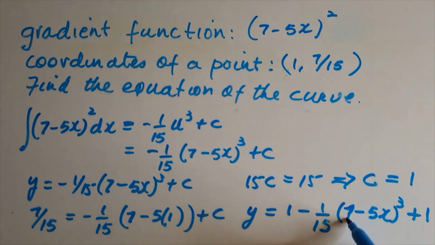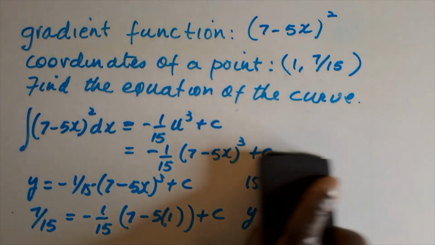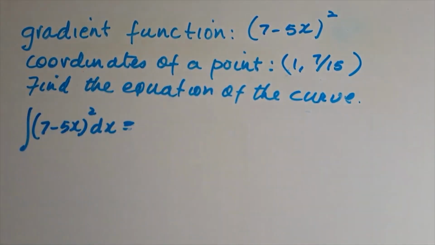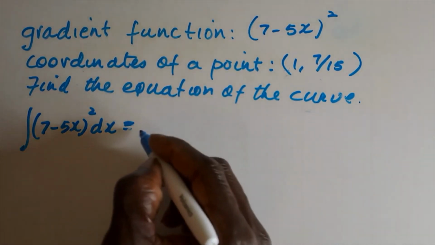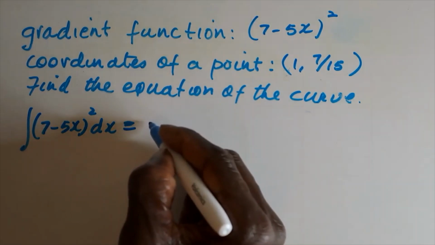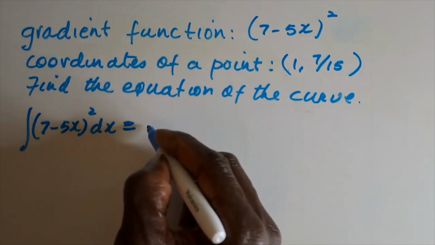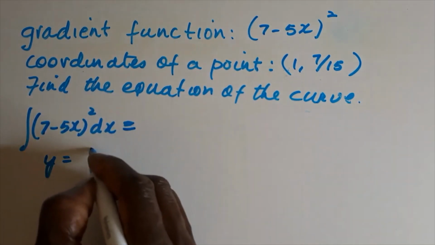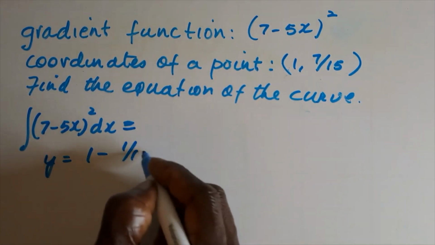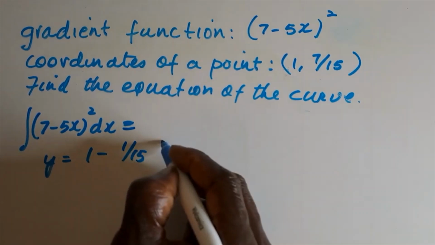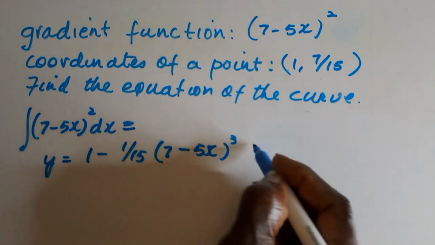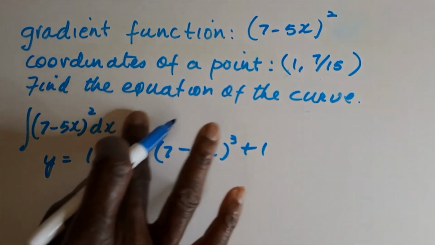This is a 7, by the way. And let me just rub this out, and so our result is y is equal to 1 minus 1 over 15 bracket 7 minus 5x cubed. Let's forget about that.